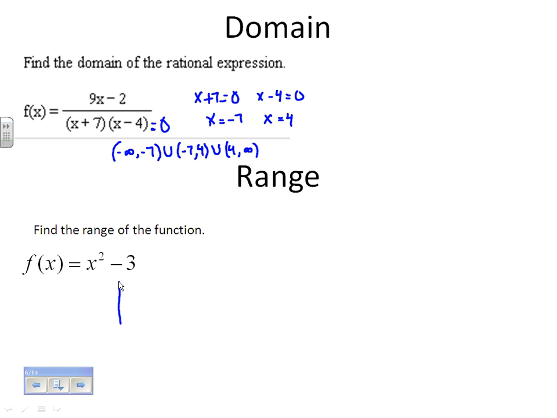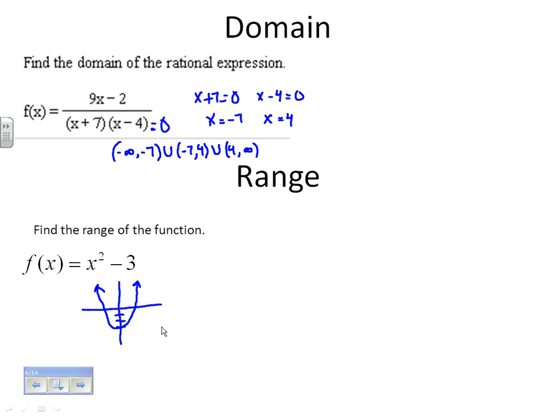On the range, what's usually easiest to do is to look at the graph, but sometimes it can help if we know the properties involved in an equation. Like, in order to graph this by hand, I would say I know that it's a parabola because it's x squared, and it's going to be a parabola opening up that starts at -3. It's been shifted down to -3 and then it goes up. Because I knew that already, I could have probably written my range before I even started.